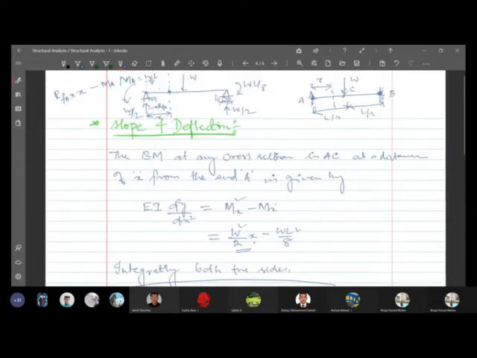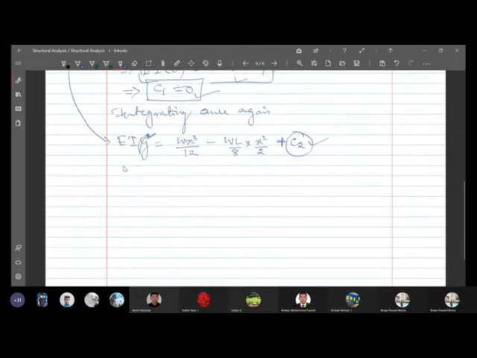At the ends there will not be any deflection. So at x equals 0, y equals 0, and at x equals L, y equals again 0. At x equals 0, y equals 0, so 0 equals 0 minus 0 plus C2. From this, I can write C2 equals 0 again.